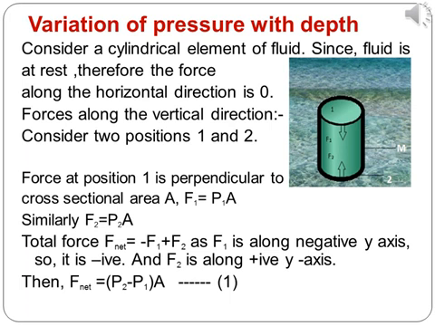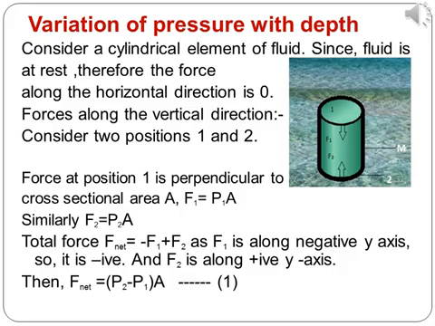Let us consider 2 points 1 and 2 of the cylindrical element, where point 1 is at height h above point 2. Let P1 and P2 be the pressures at points 1 and 2 respectively.